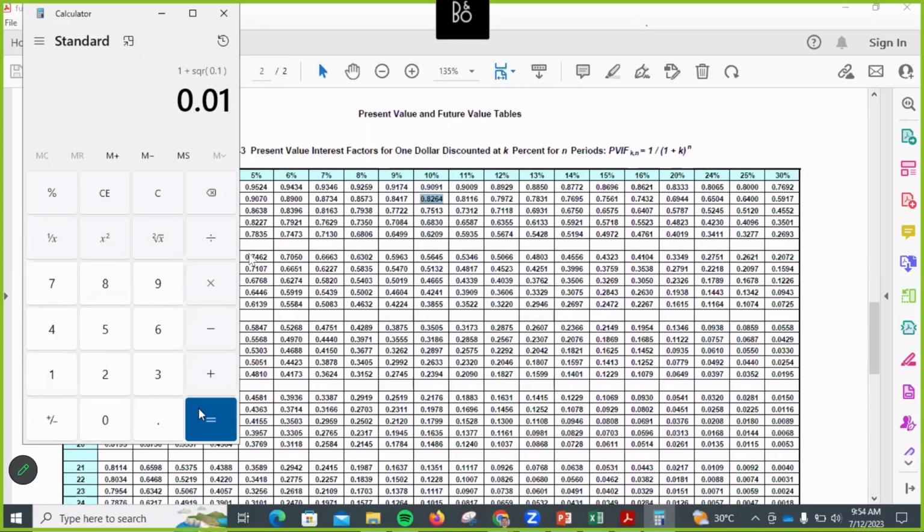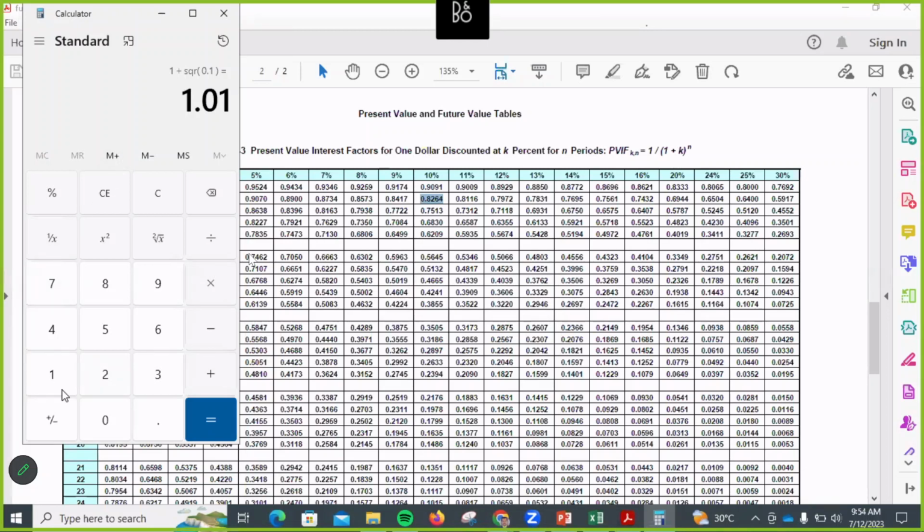You can use 1 over x. The 1 over x function is there in the calculator.